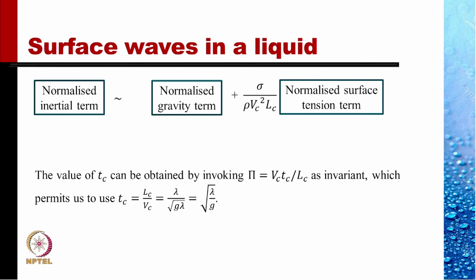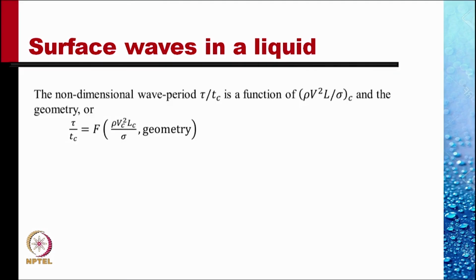This is the characteristic time. And so the non-dimensional wave period, which should be of the form tau divided by the characteristic time, is now a function of Weber number alone and the geometry. Tau by tau c, the non-dimensional wave period, is a function of the characteristic Weber number and the geometry.